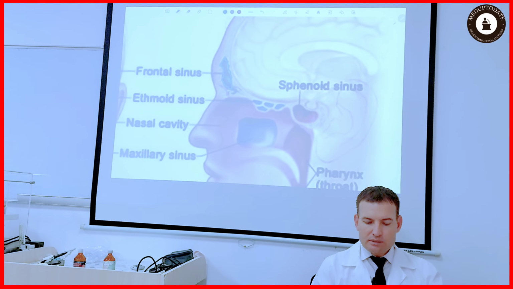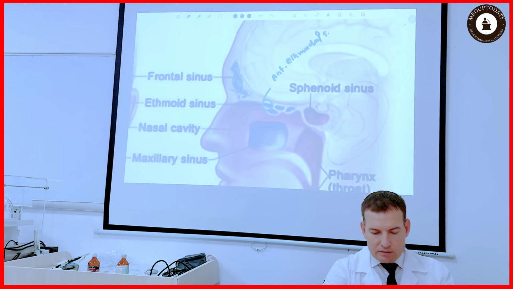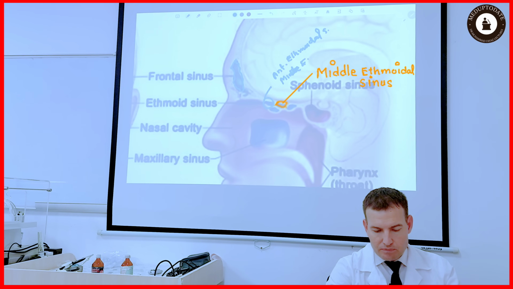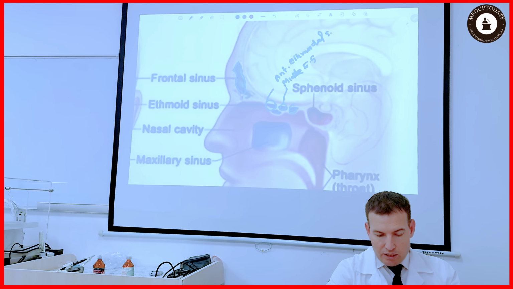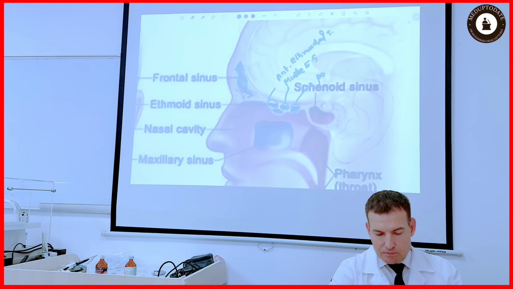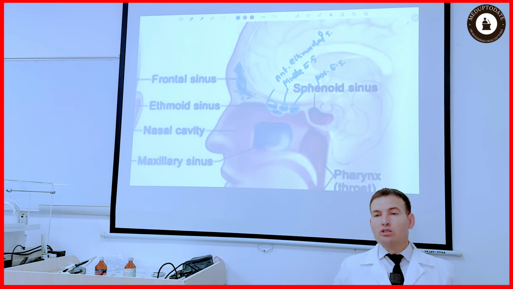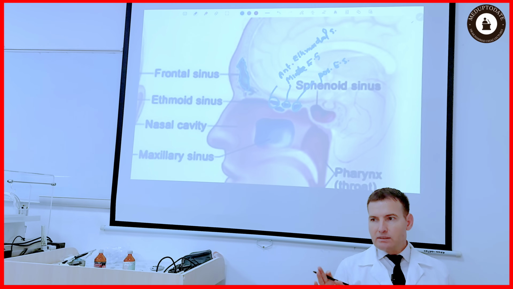They are named as follows: this is the anterior ethmoidal sinus, then we have the medial ethmoidal sinus, and this one is the posterior ethmoidal sinus. So we have three groups of these sinuses, and they open in the lateral wall of the nasal cavity.